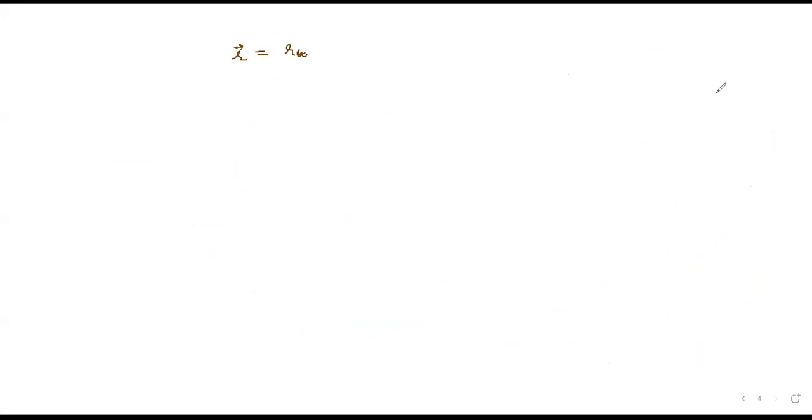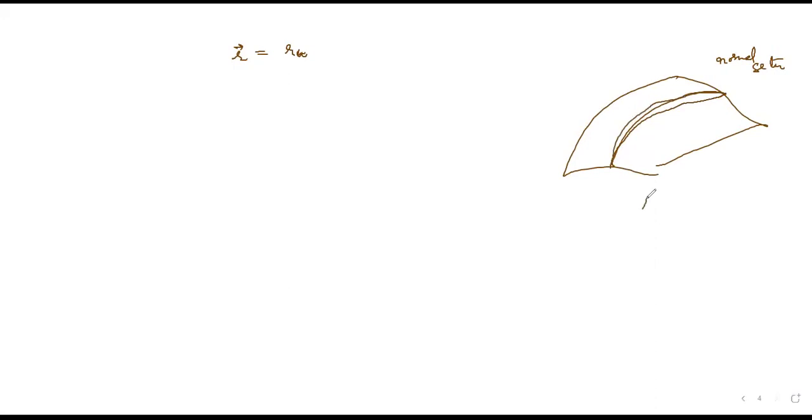Let me show a little here: I have a surface, and on the surface there is a curve, which is the normal section. So since it lies on a surface, it is like r is equal to r of u, v, but it is also a curve. It would be of the form r is equal to r of s, where s is the arc length of this curve.